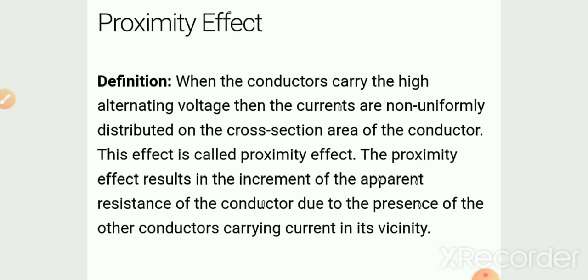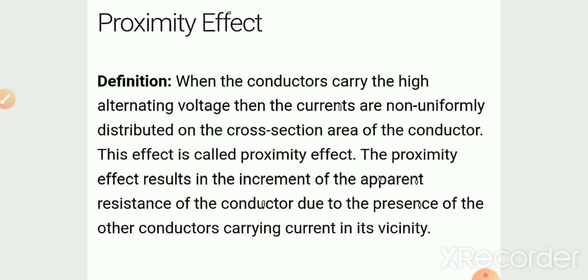This flux links with the nearby conductor, and this causes a change in the current density of both conductors.